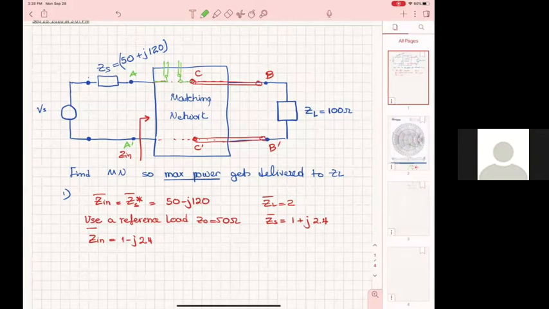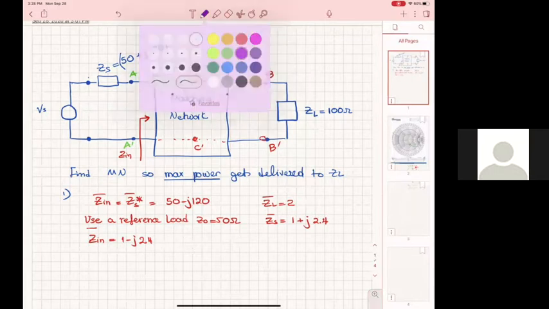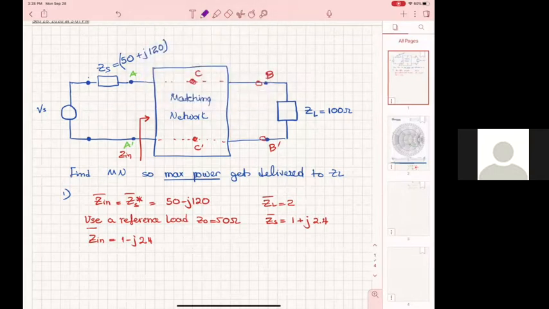Or if I don't want to do that, I remove this and this and this. And then I use a transmission line from here to here.